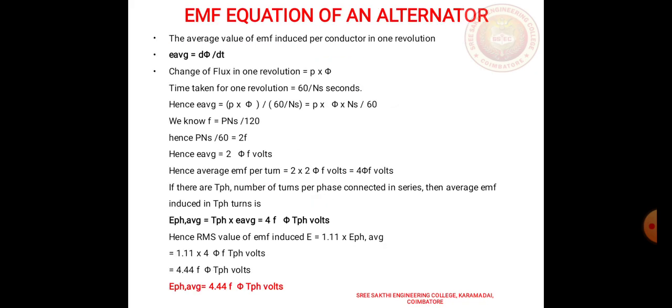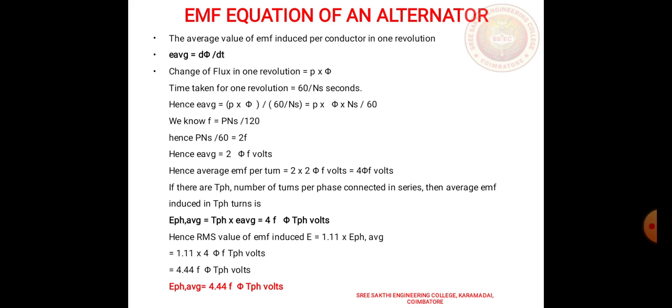And now we are going to derive an EMF equation of an alternator. As we know already, by Faraday's law, EMF induced per conductor in one revolution is dφ/dt, that is rate of change of flux. Here dφ is defined as Pφ and dt is defined as 60 divided by Ns seconds. Substituting this in equation 1, it becomes PφNs/60. For PNs/60, substitute f, which is frequency, that is E average is equal to 2φf volt.